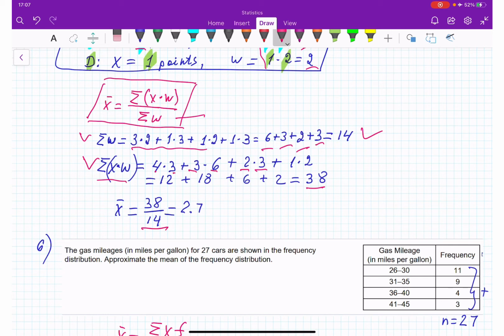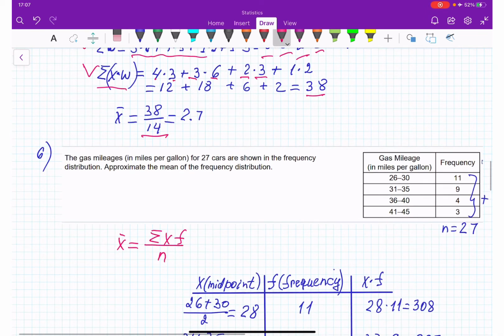All right? Next, the gas mileage in miles per gallon for 27 cars is shown in the frequency distribution. Here is the frequency distribution, and the total is 27. If you add them up, you will get 27. What is this class? It means 11 cars use gas mileage between 26 and 30 miles per gallon, 9 cars use between 31 and 35 miles per gallon, and so on.